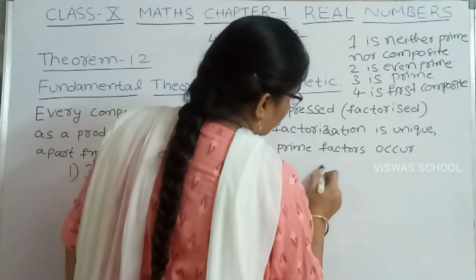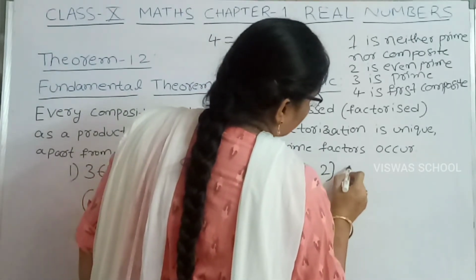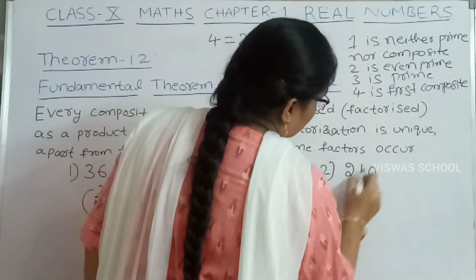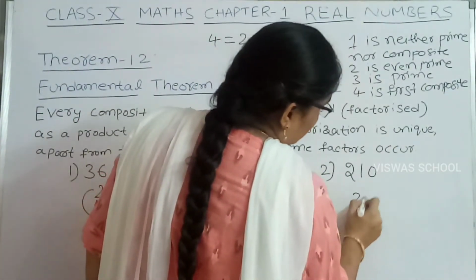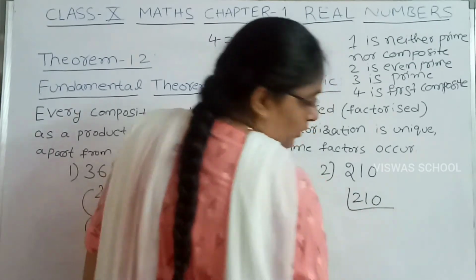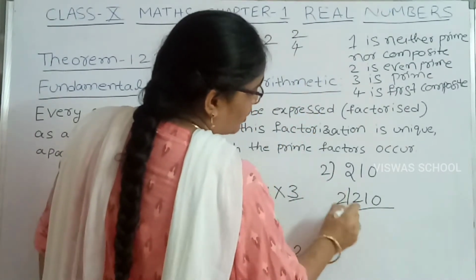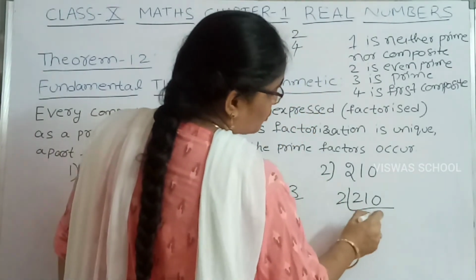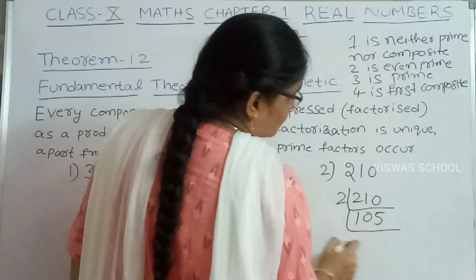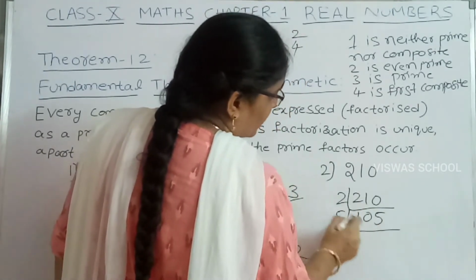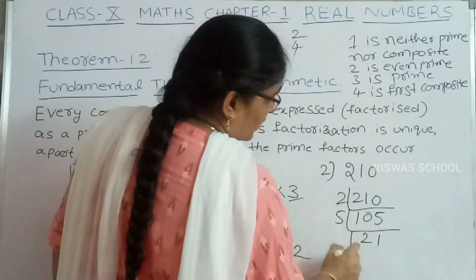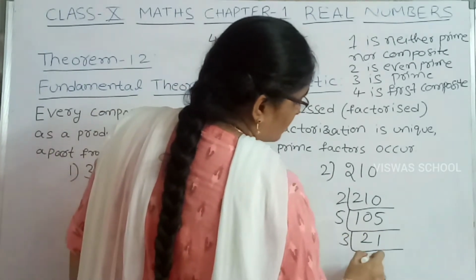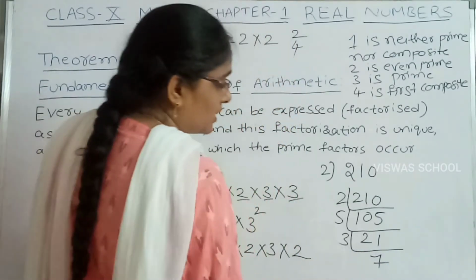Let us see one more example, that is 210. This is also a composite number. We have to write this as a product of primes. 2 1s are 2, 2 5s are 10. And next, 5 2s are 10 and 5 1s are 5. And next, 3 7s are 21.